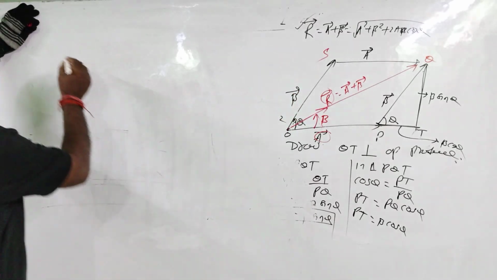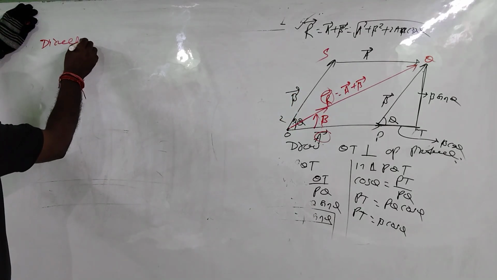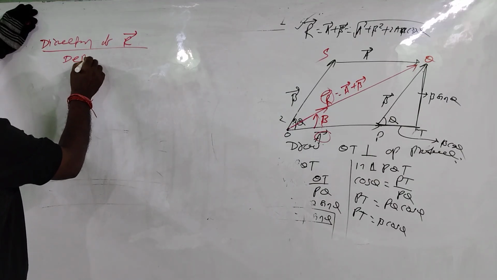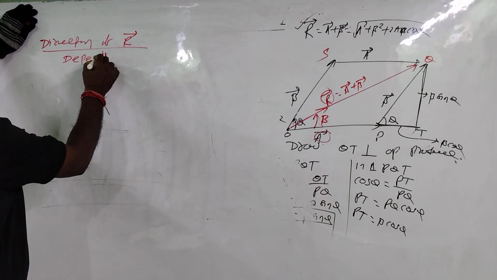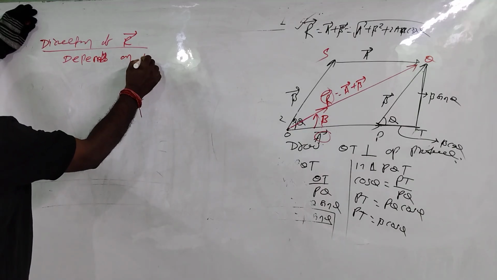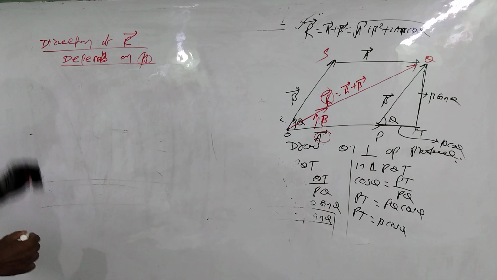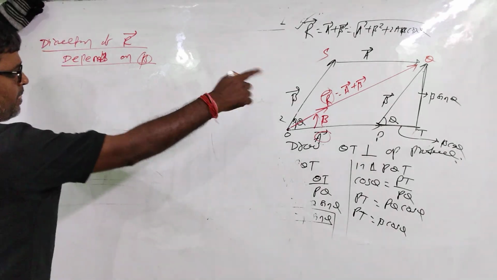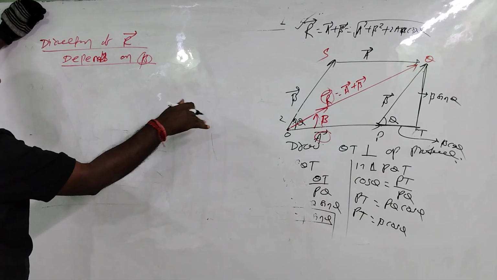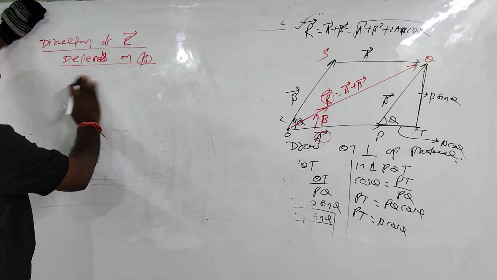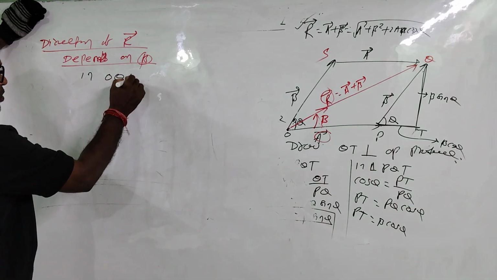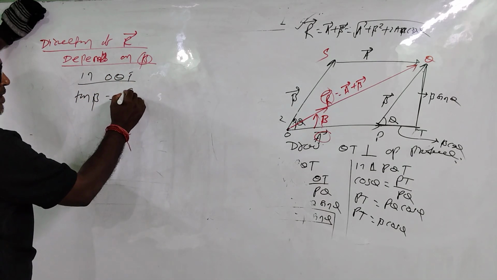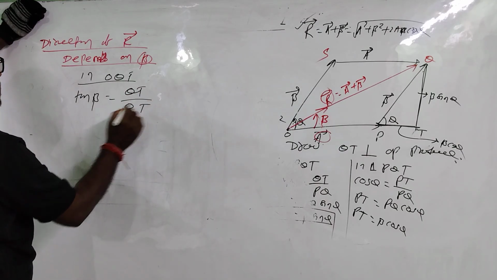So direction of R depends on beta. In triangle OQT, tan beta equals QT by OT.